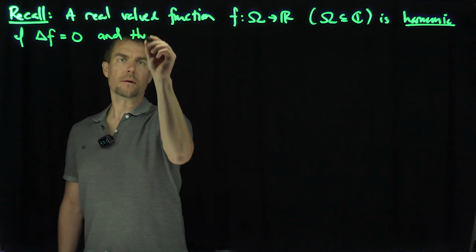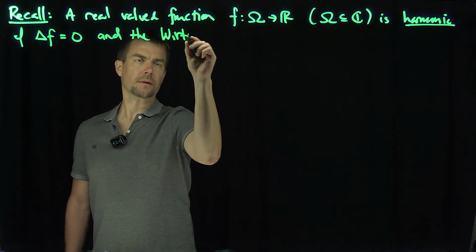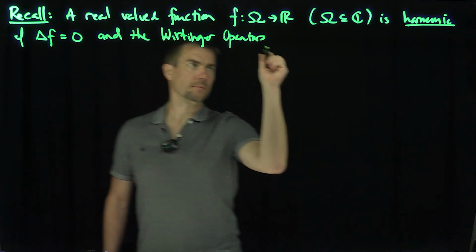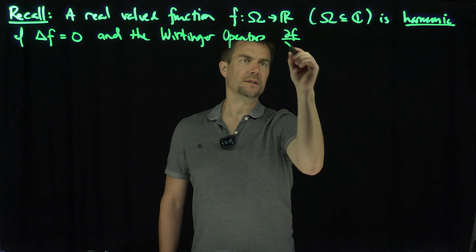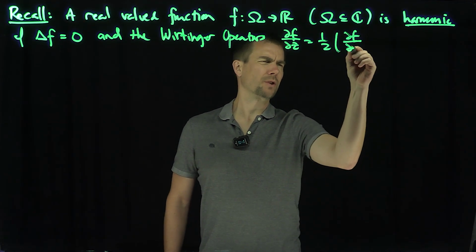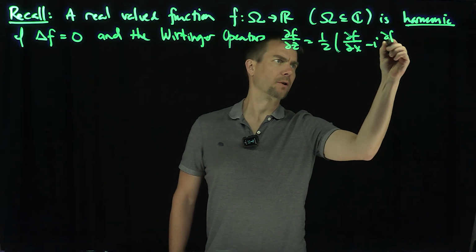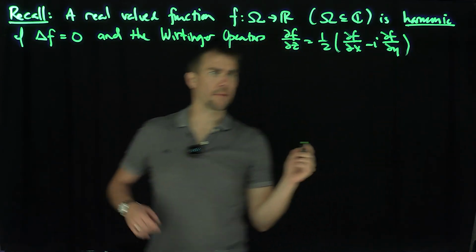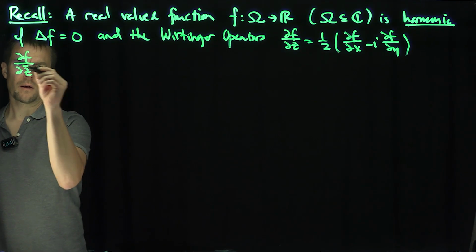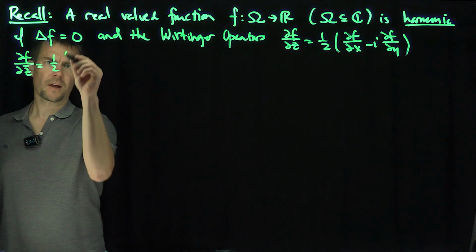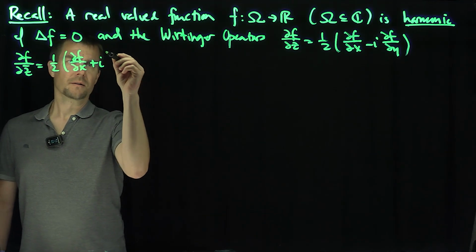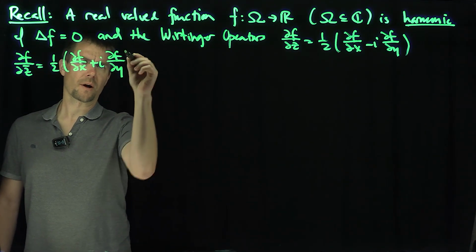And the Wirtinger operators are: partial f partial z is 1/2 times partial f partial x minus i partial f partial y, and partial f partial z bar is 1/2 times partial f partial x plus i partial f partial y, right?